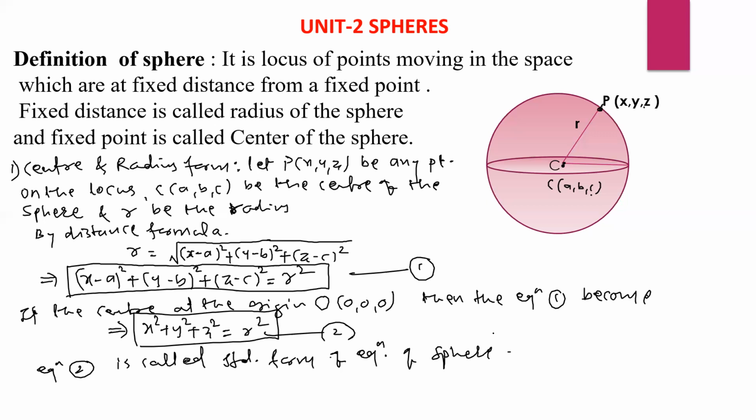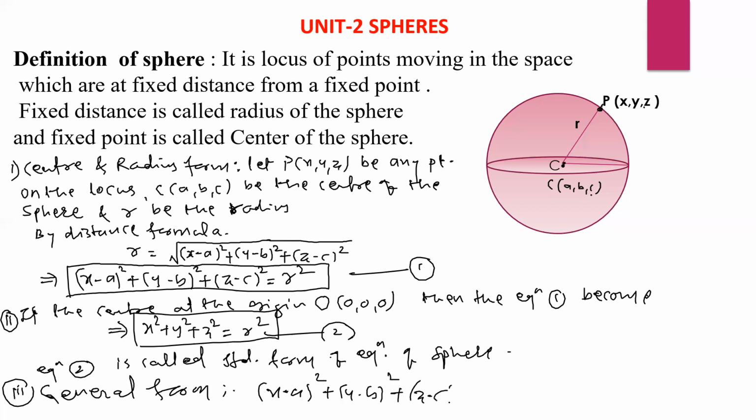Now let us discuss the third, the general form. For the general form, we take the help of equation 1. Equation 1 is (x minus a) whole square plus (y minus b) whole square plus (z minus c) whole square is equal to r square. Now simplify this.